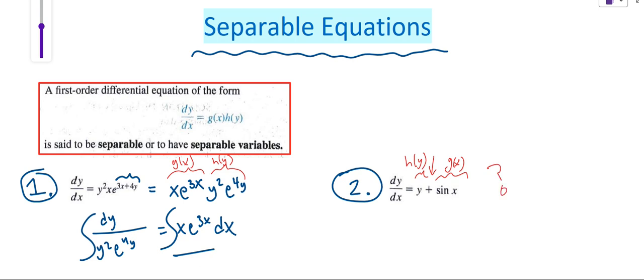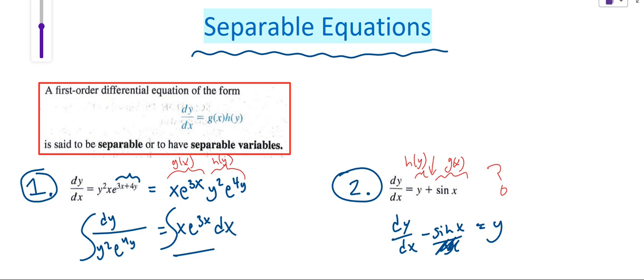You could try dy by dx minus sine x is equal to y, right? But then you have to divide by y, which means you would get y under the sine, so that doesn't work.